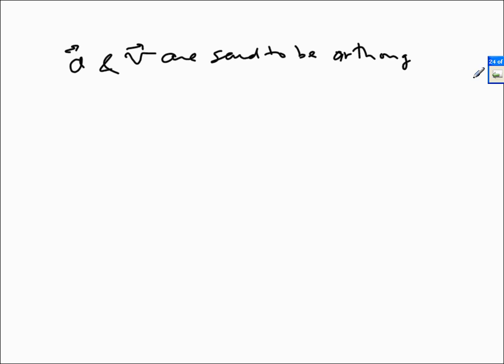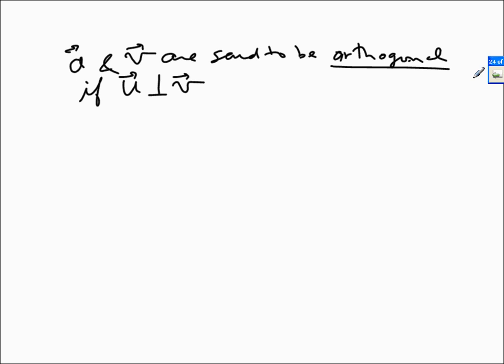And definitions are always if and only if, so you don't even have to write it. u and v are said to be orthogonal if and only if u is perpendicular to v. They mean the same. u and v are orthogonal.